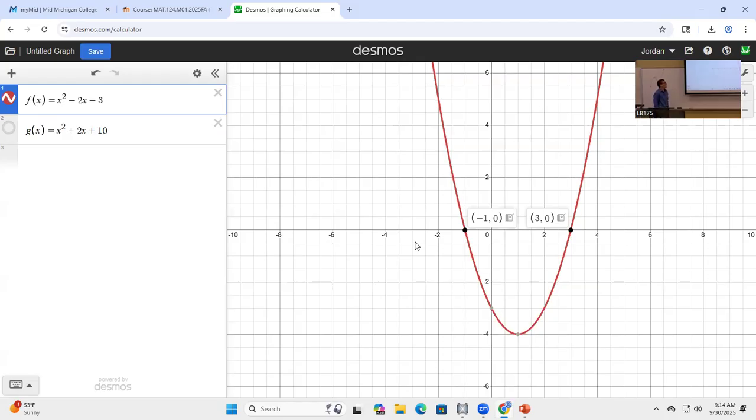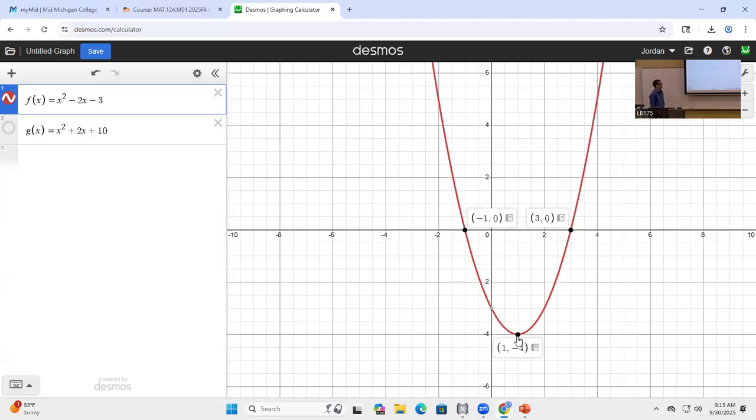It also can have at most 1 turning point. And it does have a turning point. Notice that this turning point is the vertex. So the vertex of the quadratic is the turning point. Okay. It crosses at 2 spots.